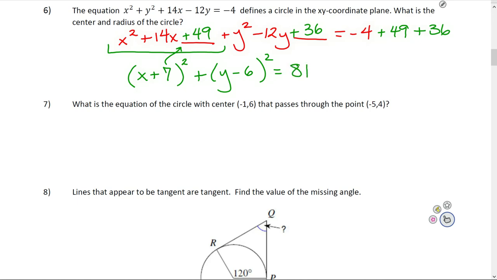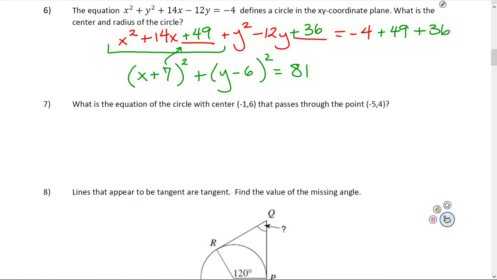Now, it just happens that what I get is an equation in standard form. And the value of that is that I can now read off from this equation what the center and radius are going to be.